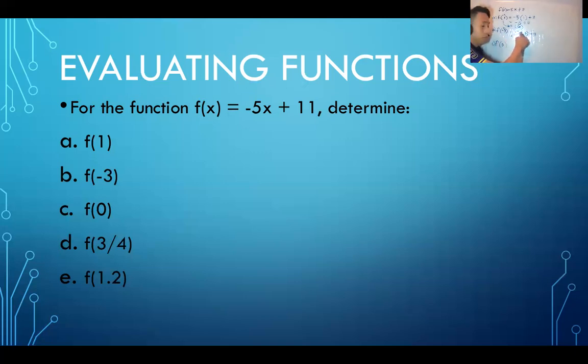Negative times negative is positive, so we don't need to write the positive sign. It's understood that if we don't have any sign, it is already positive. 5 times 3, we have 15. And then plus 11.